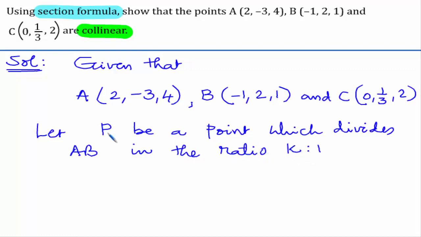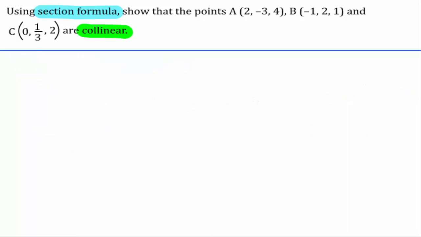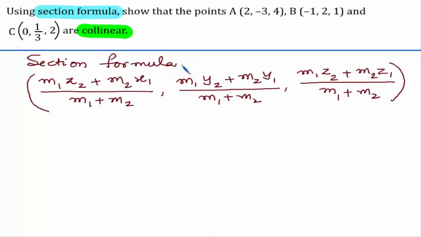If the point P coincides with C, that means the coordinates of C and coordinates of point P are the same, then the 3 points are collinear. So the section formula is m1x2 plus m2x1 by m1 plus m2, m1y2 plus m2y1 by m1 plus m2, and m1z2 plus m2z1 by m1 plus m2. So the ratio is k is to 1 and the 2 points are A and B.